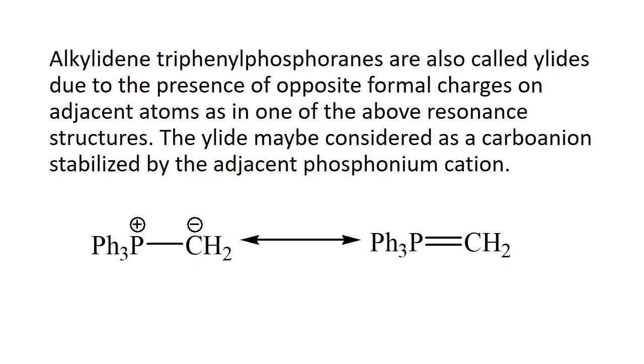In the ylide, we can consider our carbanion, which is negatively charged, and it is stabilized by the adjacent phosphonium cation, as we can see in this case here. So our Wittig reagent exists in either of these two forms, either with the positive and negative charges already permanent or with a double bond between phosphorus and carbon.